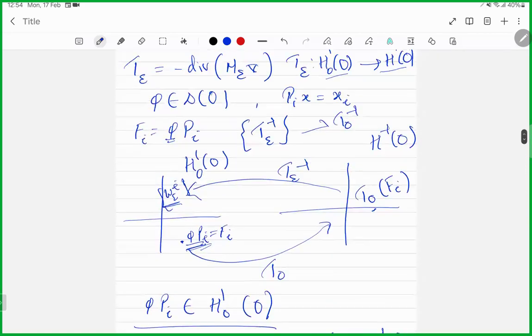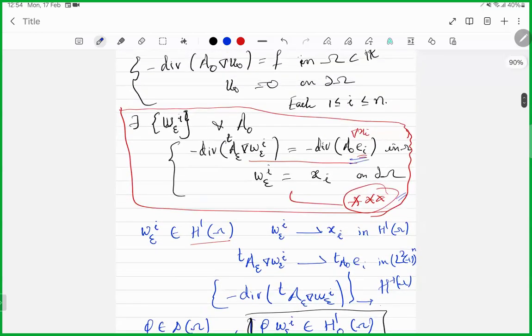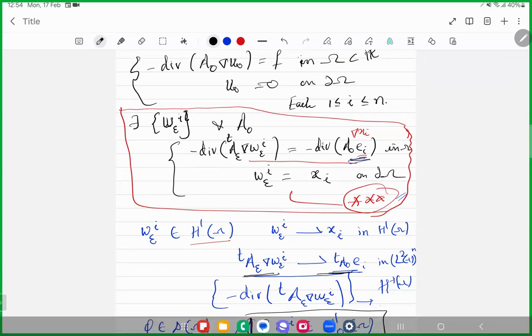From this equation, you can actually see that transpose A epsilon grad W epsilon is converging weakly to transpose A0 EI.